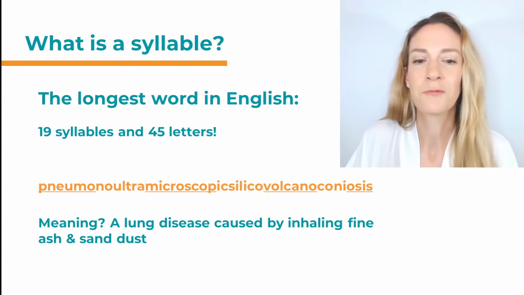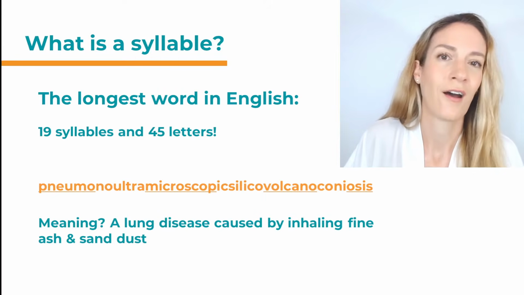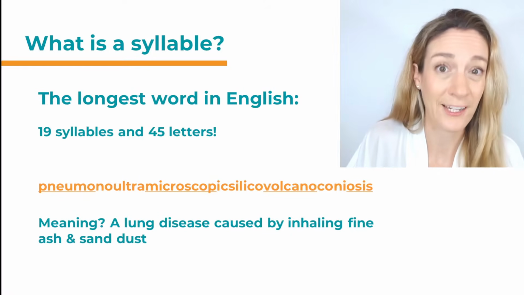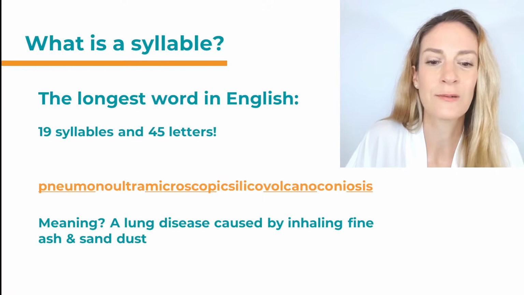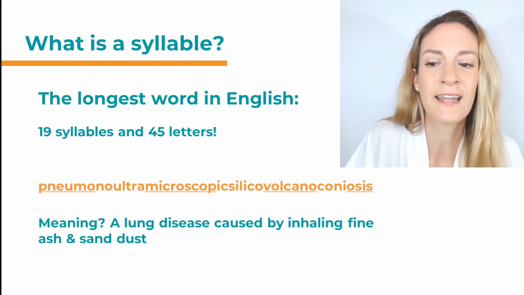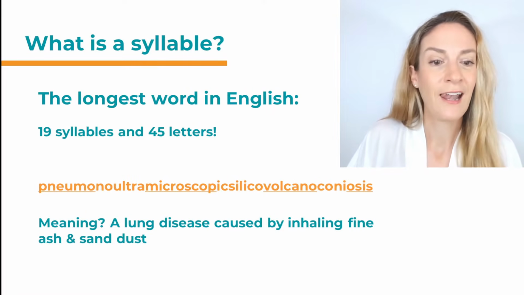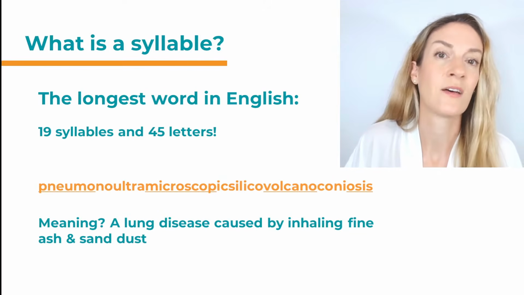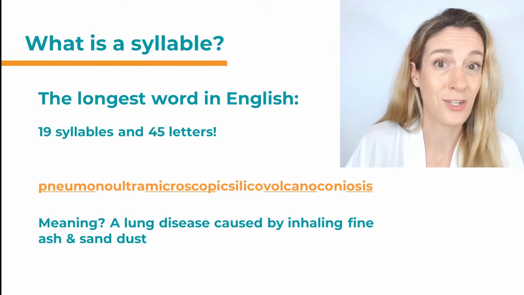And then we also have the word volcano in there. Now, volcanoes are of course to do with fire, rock, lava, and ash. And have a look again here at the meaning. A lung disease caused by inhaling fine ash and sand dust. So microscopy and then volcano. And then the last part, osis, that usually indicates that a word is a noun and very often a medical term.